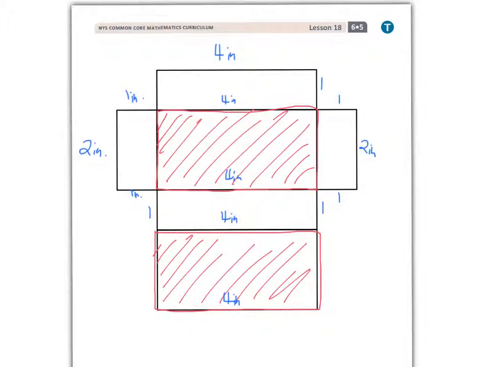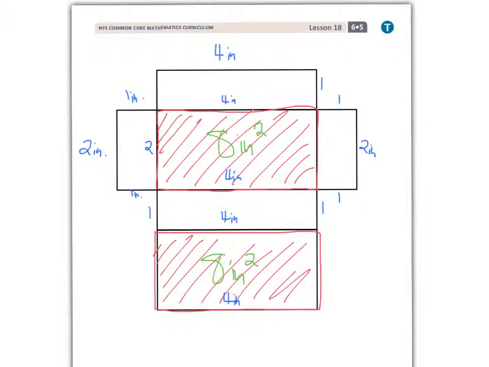Then I need to know how high this red rectangle is. This line right here is going to be the same as this, so that's also 2. These rectangles are 4 by 2, so this would be 8 inches squared. Down here is also going to be 8 inches squared because they're both the base.